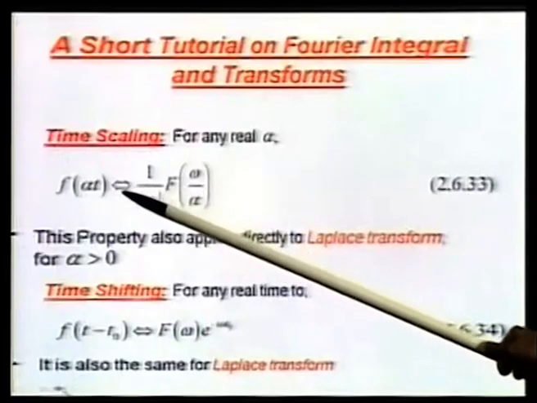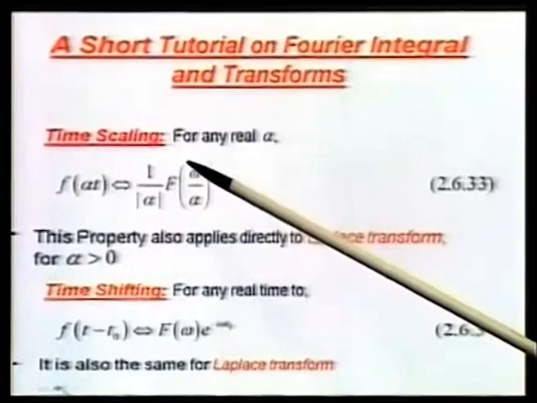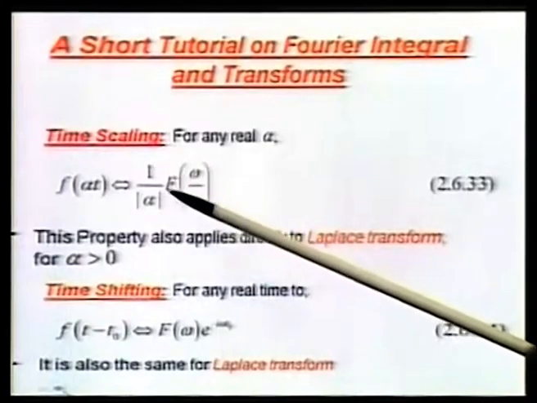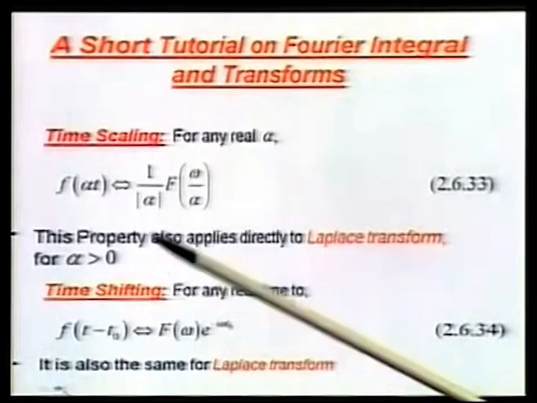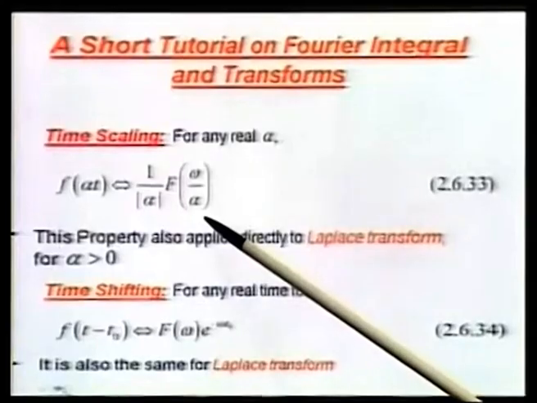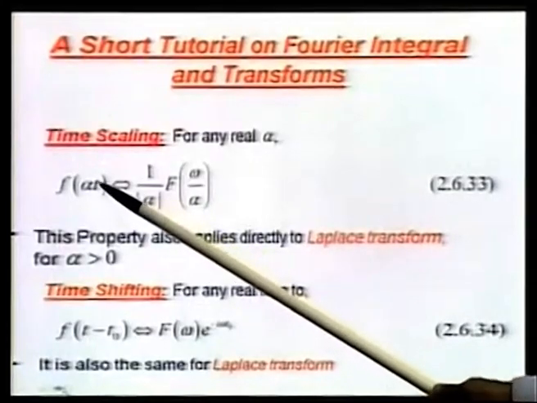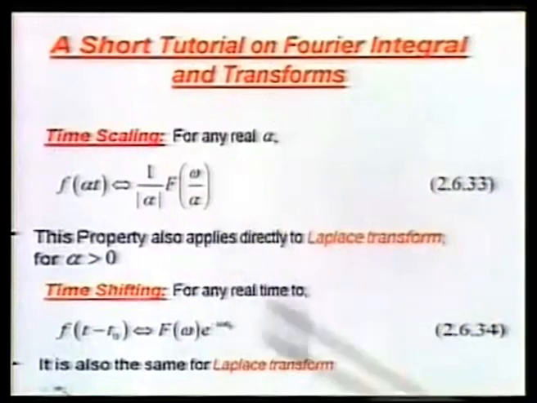Once again I will invite you to prove it yourself, okay? And you will find that this is a kind of a duality property. So, if I stretch it in the physical plane, it contracts in the transform plane, and if alpha is less than 1, then I am contracting in the physical plane, it extends in the transform plane.